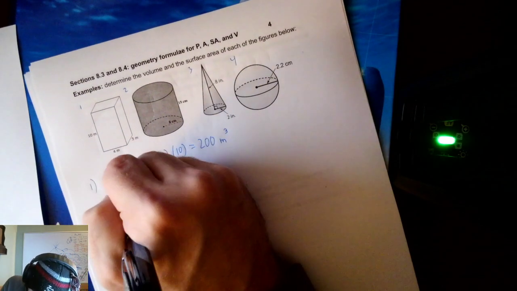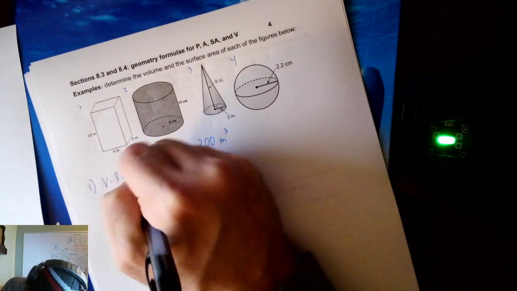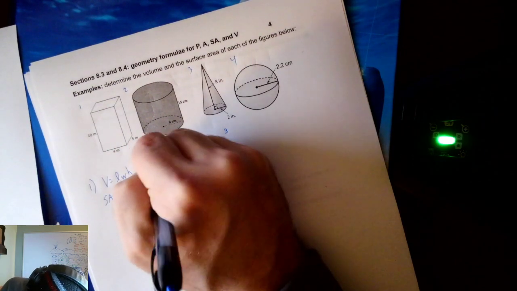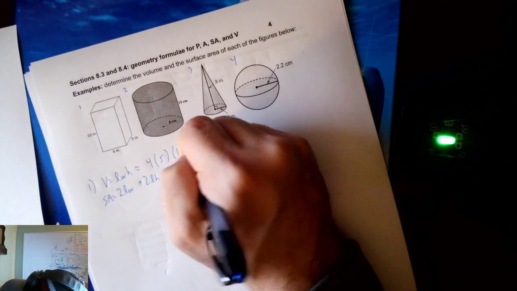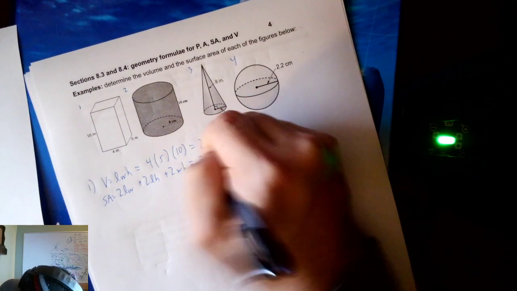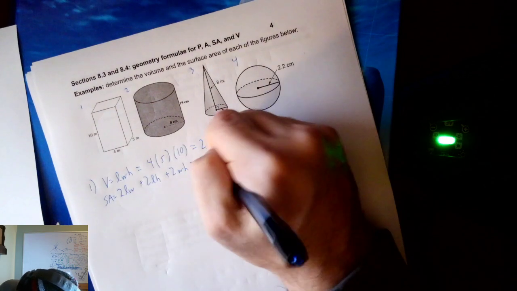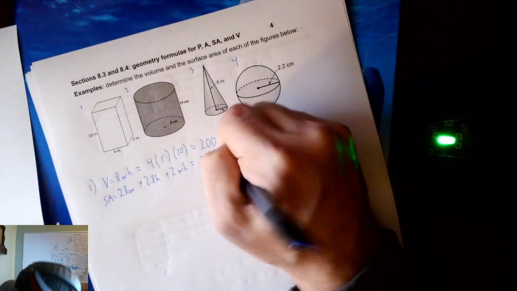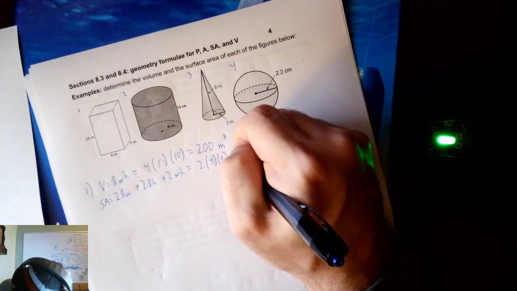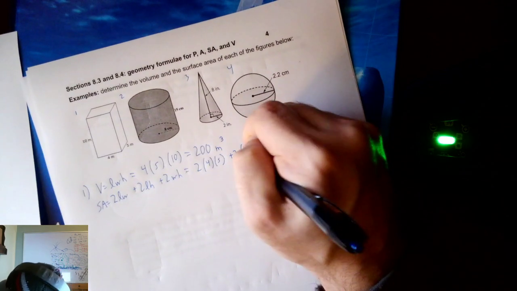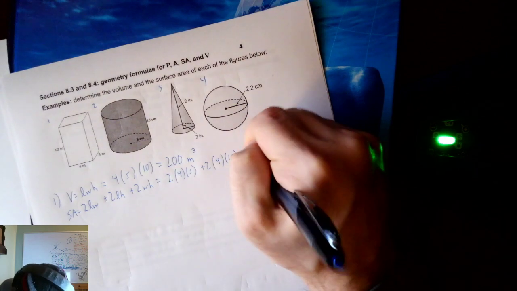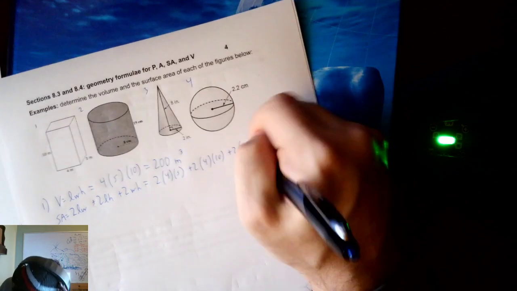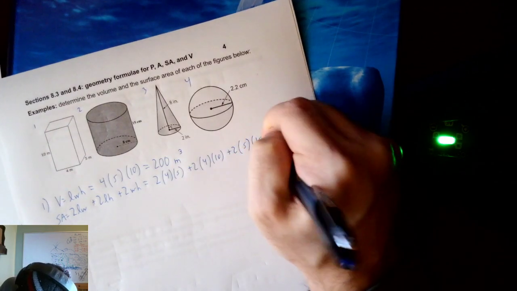Well, the surface area formula is 2 length width plus 2 length height plus 2 width height, which will be 2 length times width, 4 times 5, plus 2 length times height, plus 2 width times height.